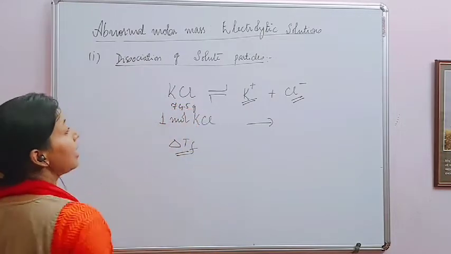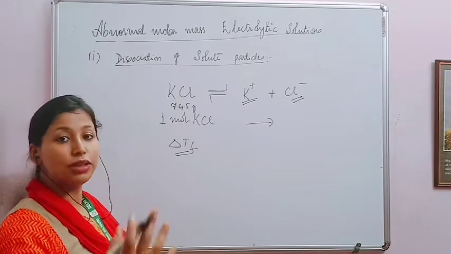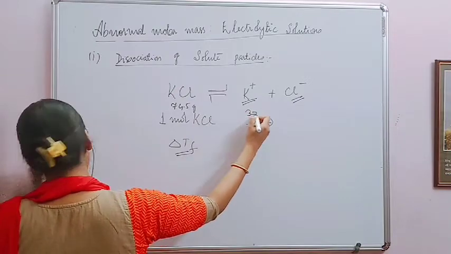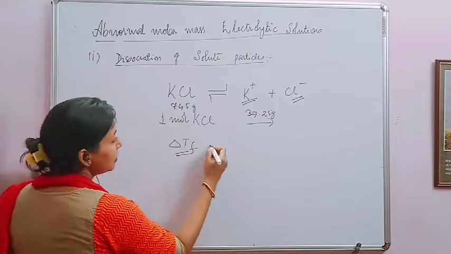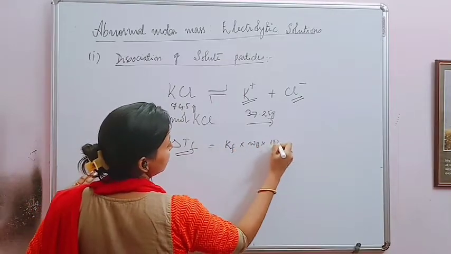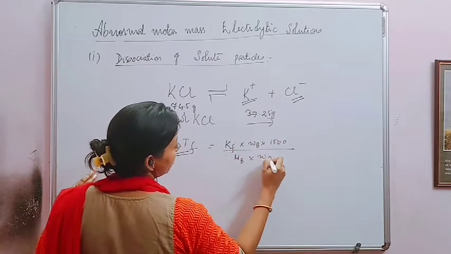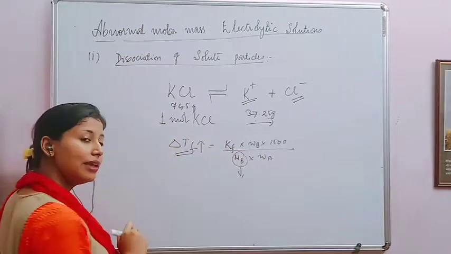Also, the molar mass of KCl is 74.5 gram. After preparing the solution and doing the calculation, it has been found that it comes to 37.25 gram. So again the same relation, delta Tf is equal to Kf into Wb into 1000 divided by Mb into Wa. If this decreases, this will increase.